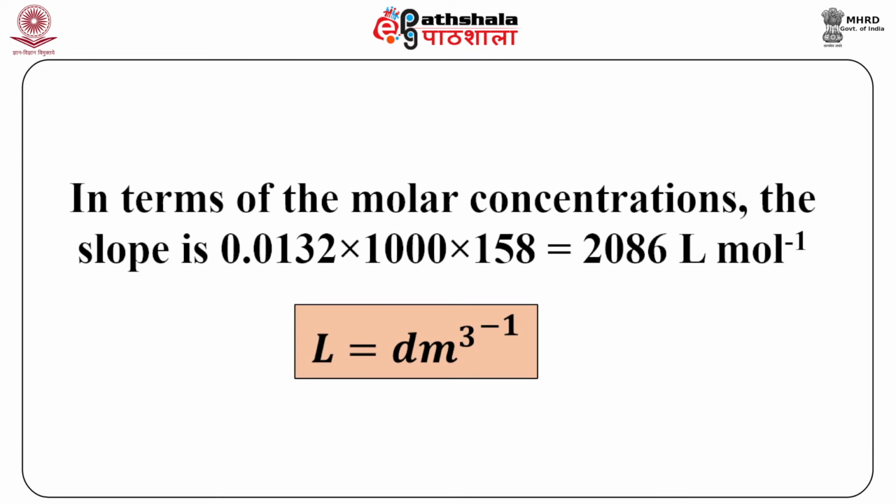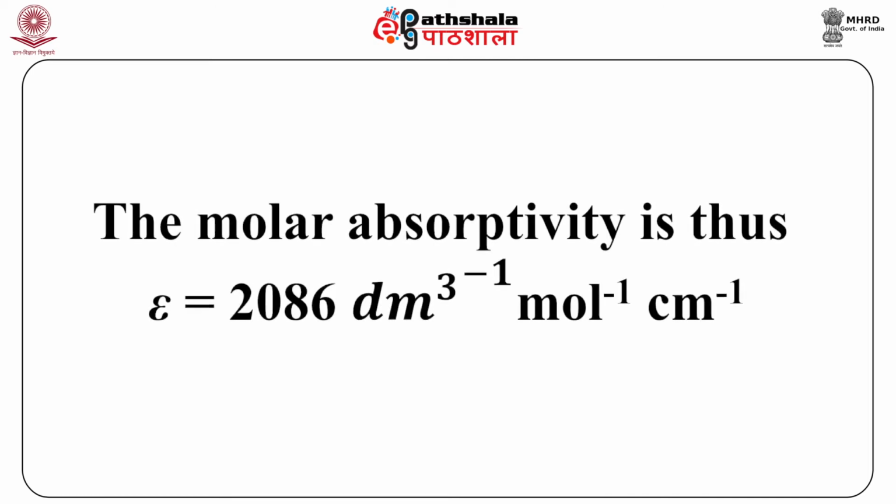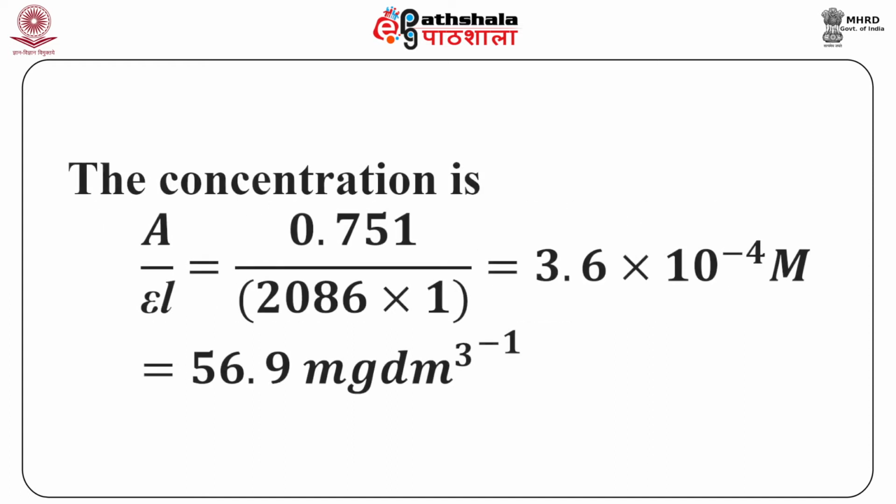So we convert to molar concentrations, and the slope then turns out to be the slope that we got for liter per milligram multiplied by 1000 and then by 158, which was the molar mass of the potassium permanganate that we have used, and this gives us a value equal to 2086 liter per mole or decimeter cube per mole, because liter is equal to decimeter cube in SI units. The molar absorptivity epsilon is thus equal to 2086 decimeter cube per mole per centimeter. Now the average of the three observations was 0.751.